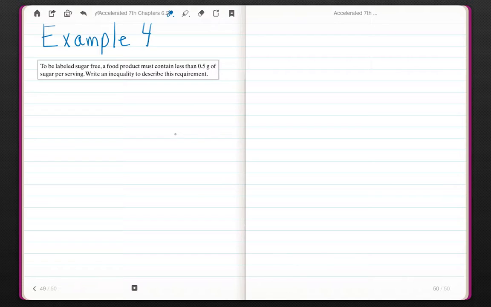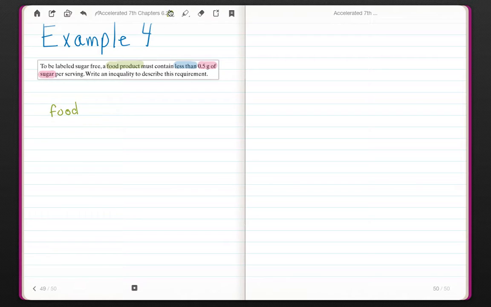So write an inequality to describe this. So let's get on our highlighter here and break it into parts. So, sugar-free. Product must contain, so food product needs to have less than 0.5 grams of sugar.